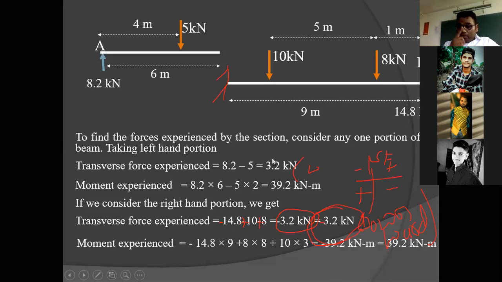Now the moment experienced, how much moment is acting over here. We have considered this as a fixed one. If you consider this 14.8 at a distance of 9, multiplied by 9, where does it try to move, clockwise or anti-clockwise? See, anti-clockwise. It tries to move anti-clockwise, so that's why it's a negative sign.